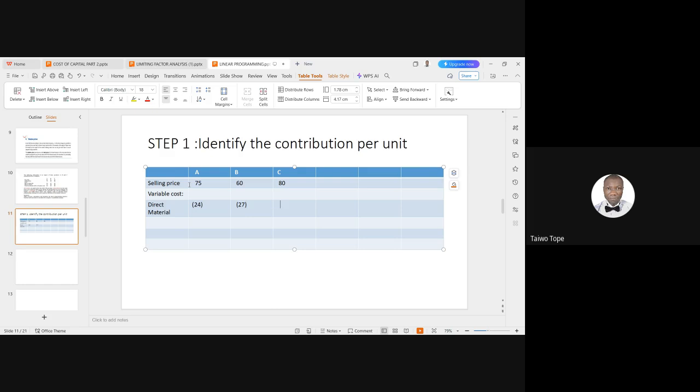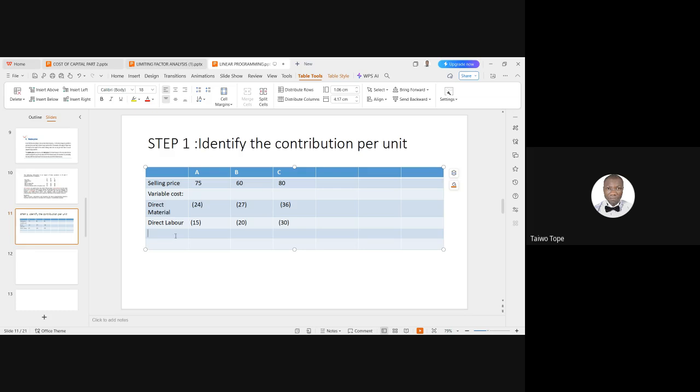The value here is 36, we have to less. Now, which other variable costs do we have? Direct labor. The value here is 15, the value here will be 20, and will be 30. These are the variable costs we have in the question.